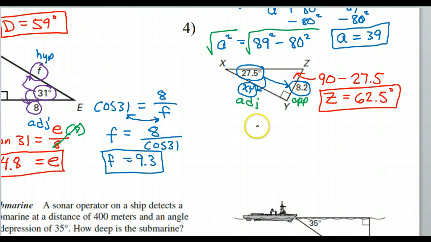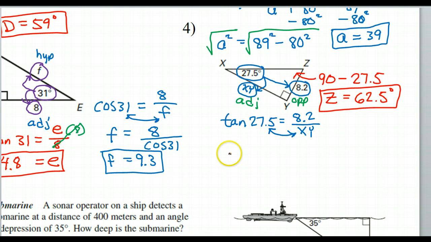All right, so I'm going to go ahead and do tangent of 27.5 is equal to opposite over adjacent. So that's 8.2 over XY, because that's side XY. Again, the variable is in the denominator, so I'm going to do this reversal.